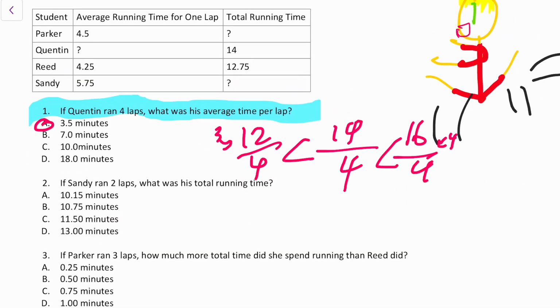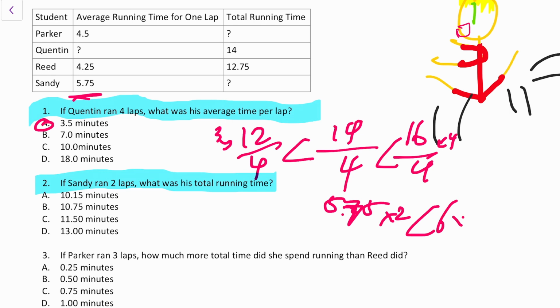Pretty easy, simple question. Okay, so moving on to the next question. If Sandy ran 2 laps, what was his total running time? And we can still use the same estimation process, like 5.75, which is Sandy's running time. Times 2 would be less than 6 times 2, but more than 5 times 2.